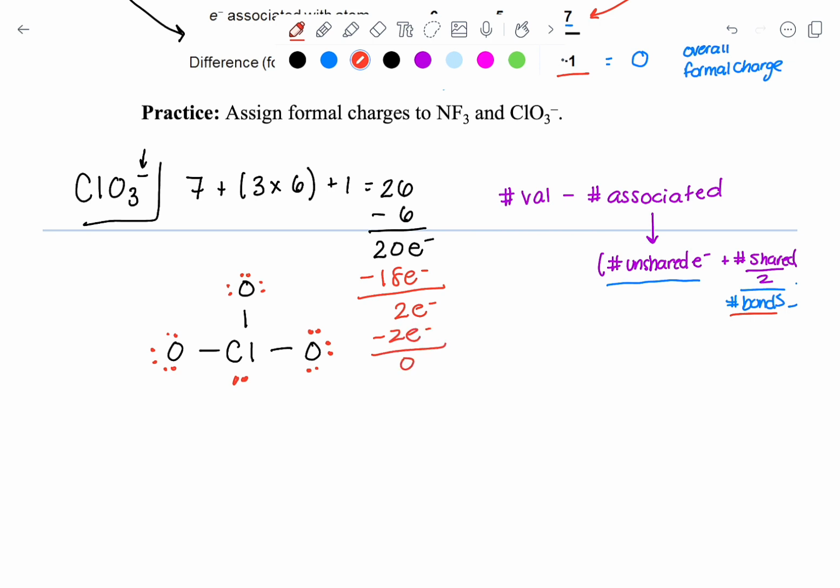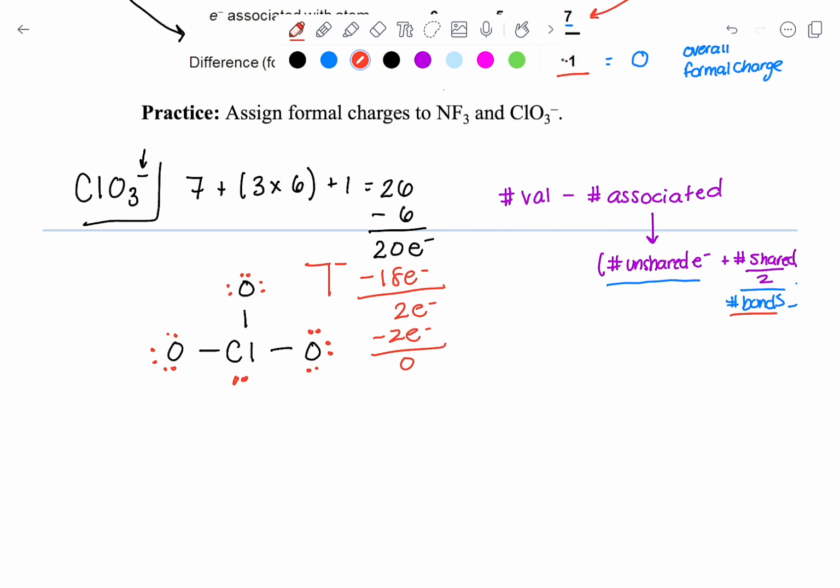I'm going to just denote my charge with a small bracket up here to remind myself that I have a charge of -1 in my structure. And now we can jump into finding our formal charge. I would like to note that you need to have Lewis structures mastered in order to accurately complete your formal charge calculations, because if you're missing lone pairs or have too many bonds or have double bonds when you don't need them, it is going to change your values of formal charge.